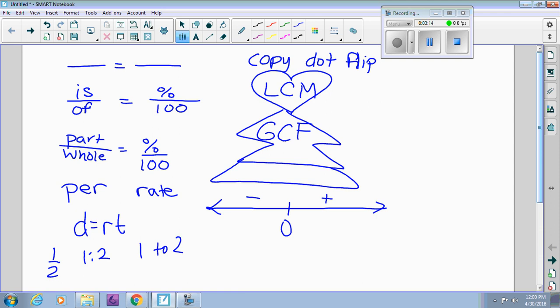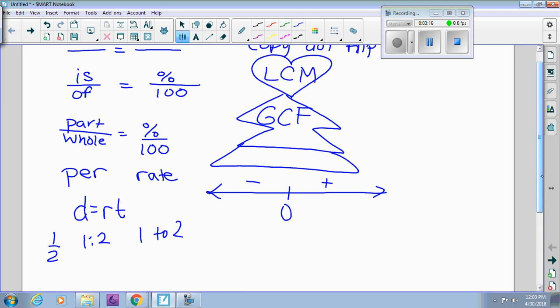I think that pretty much sums it up. There were a lot of words that go with plus or positive numbers like gains and above 0 and above sea level, credits. Negatives would be debits, below sea level, losses, things of that nature.